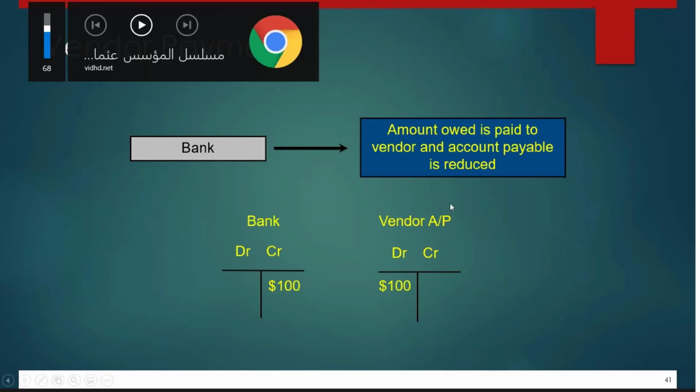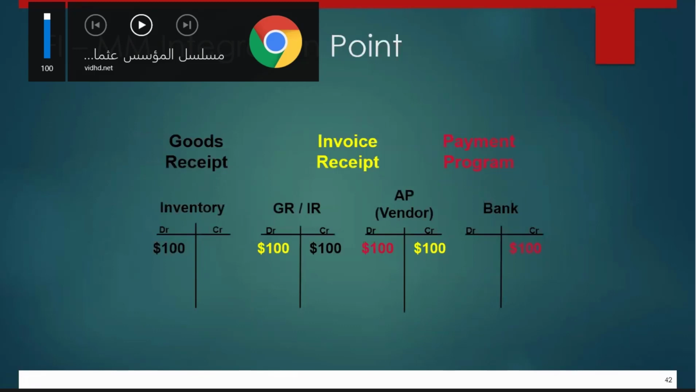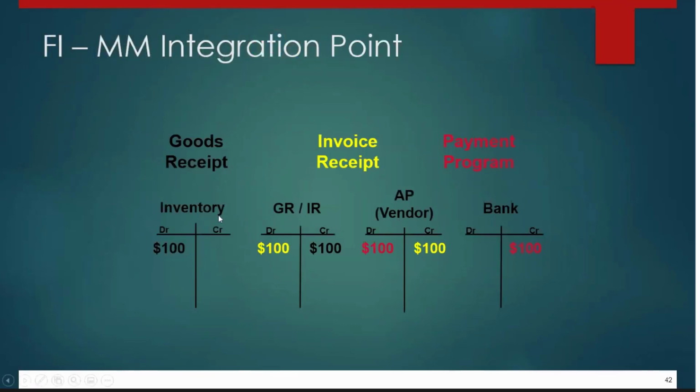So this is summarizing everything. Inventory will be updated by the value of 100. This means I have an increase in the value of my inventory of 100, because one computer came in. This computer is 100, so I have an addition. And goods receipt, invoice receipt is clear. At the beginning I put a credit of 100, and after that, if I receive the invoice, I put 100 here.